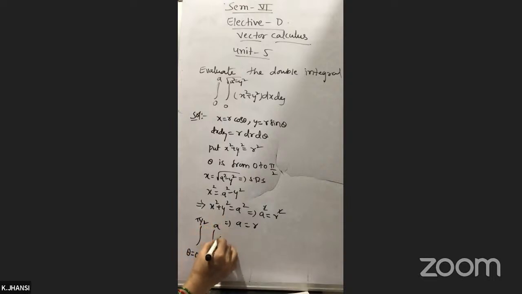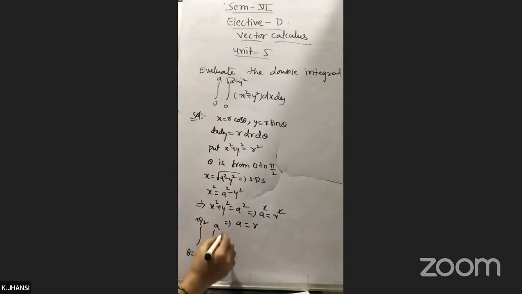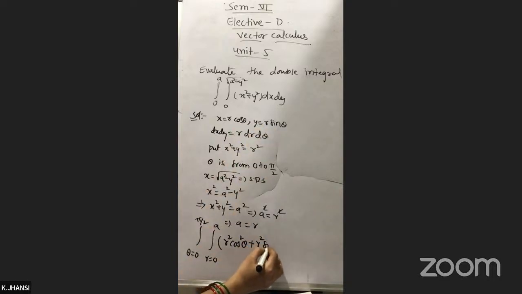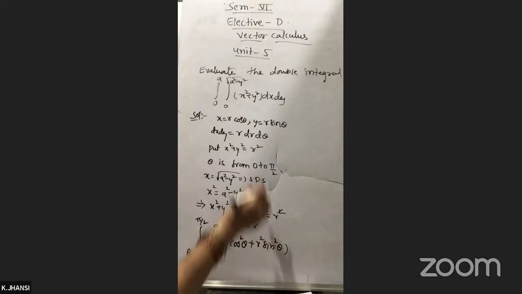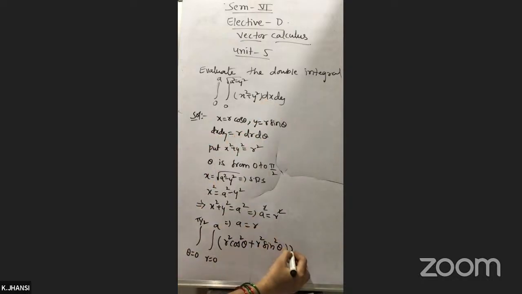Okay. So now in place of x square, here it is there now. X square means r square cos square theta, and this is r square sin square theta. And what is dx dy? dx dy equals to r dr d theta. Okay.